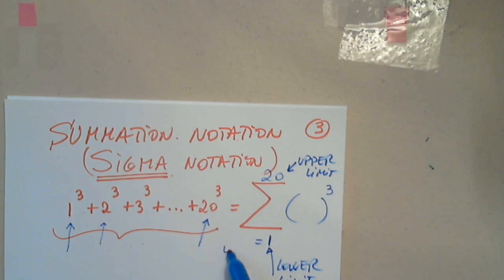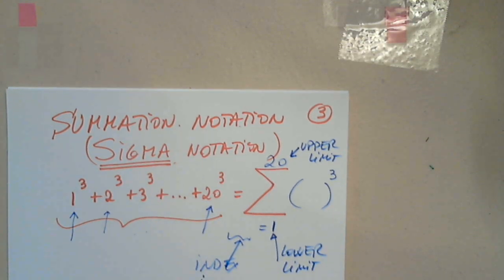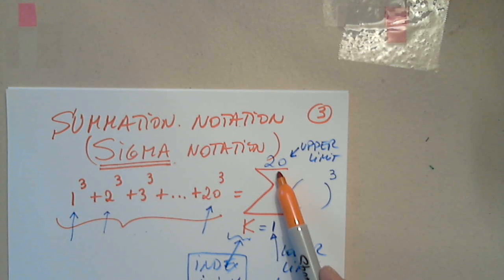And now we have to use an index, which normally is I or J or K. Can I use A? Of course you can use A. Can I use B? Yes, of course you can use B. But these are the most common indices. Okay, let's say I'm going to use K. So from K equals 1 to 20.